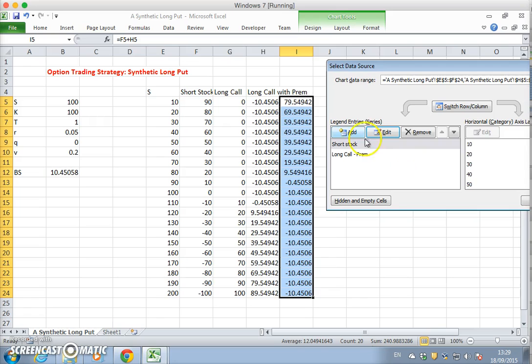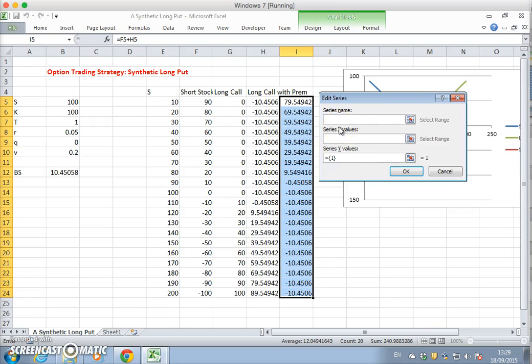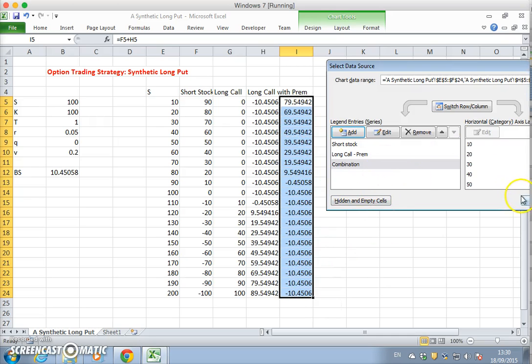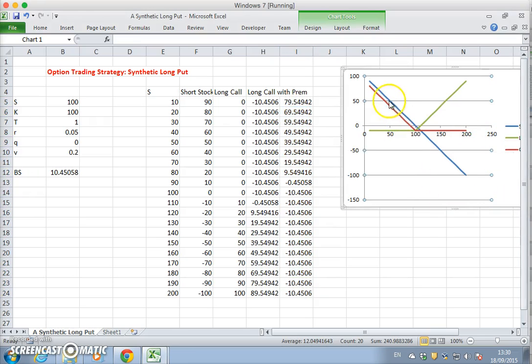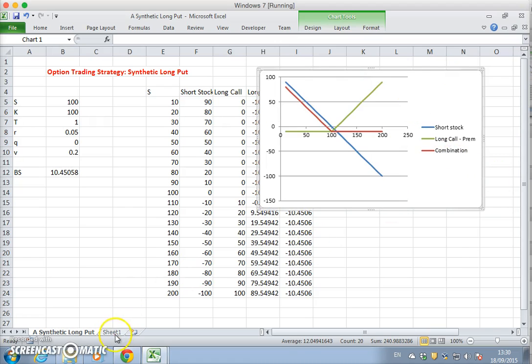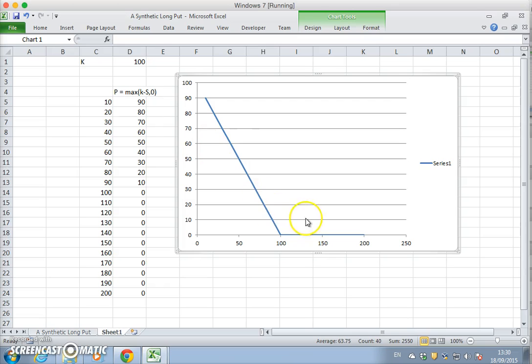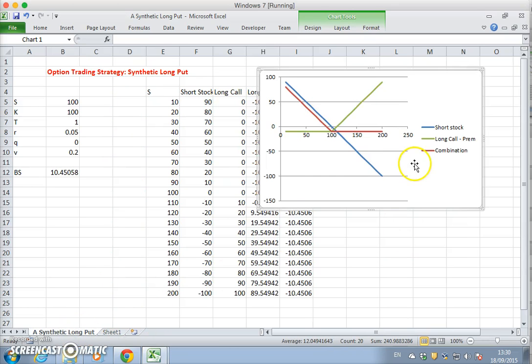and hit OK. And then in addition we want to add in, well, we could call it portfolio or combination, and we have the X series and we have the portfolio, and let's have a look at that, hit OK, and we can see now the red, which is the combination, for all the world looks like our usual put payoff configuration.